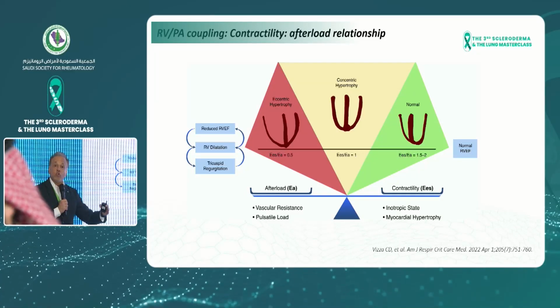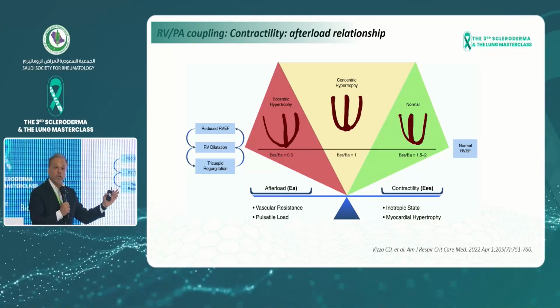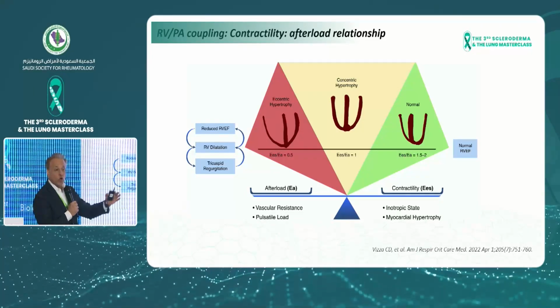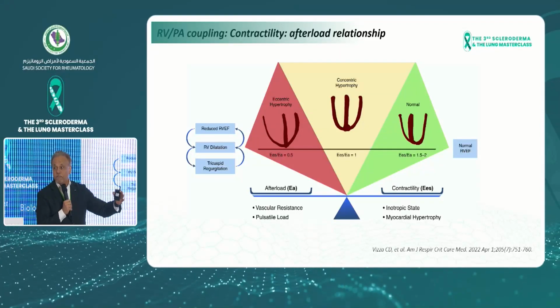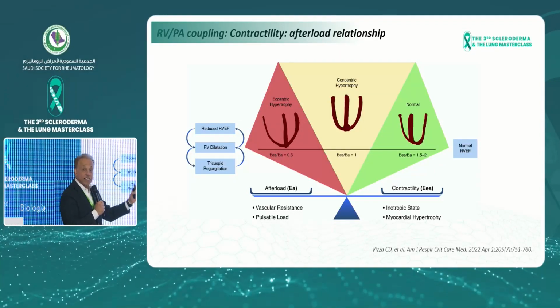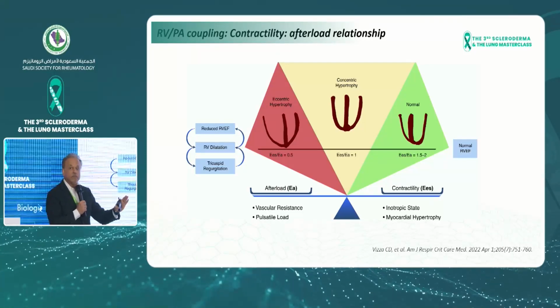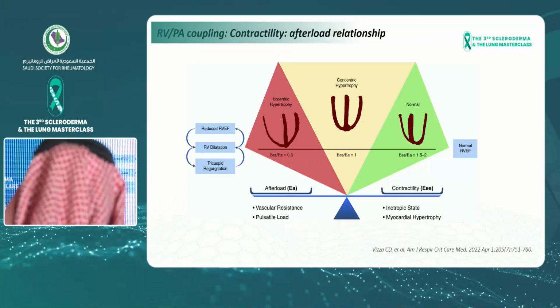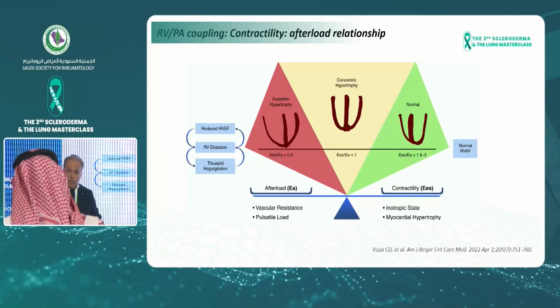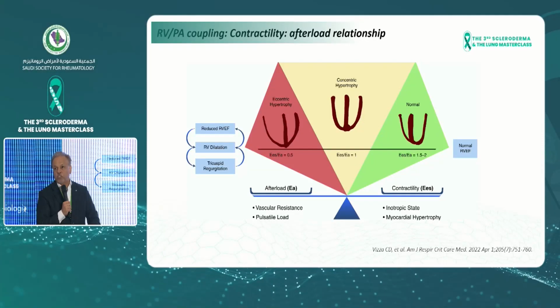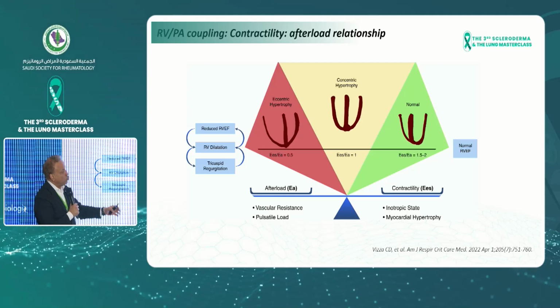This relationship we call RV-PA coupling, and as long as it is maintained, your patients are doing fine. Once it becomes uncoupled, and the RV is really struggling to push the blood forward, that's where the patient will be in trouble and will die.